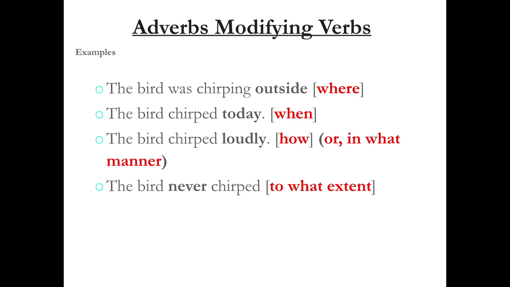It chirped very loudly. The bird never chirped. To what extent did the bird chirp? Well, it never did. So notice that the verb is being modified by the adverb. It's adding a little emphasis or changing how we read the verb. Otherwise, each of these sentences would just be saying the bird chirped, the bird chirped, the bird chirped, or was chirping. It wouldn't tell us anything else about the ways in which the bird is chirping.